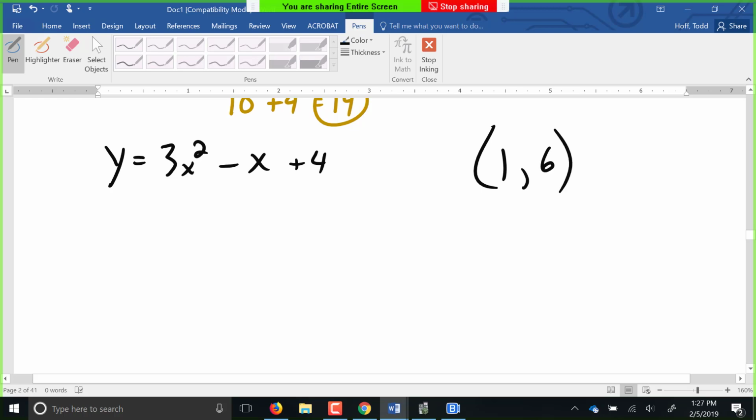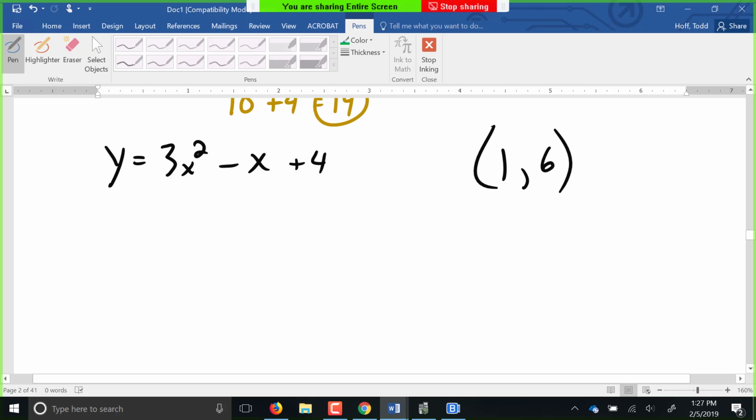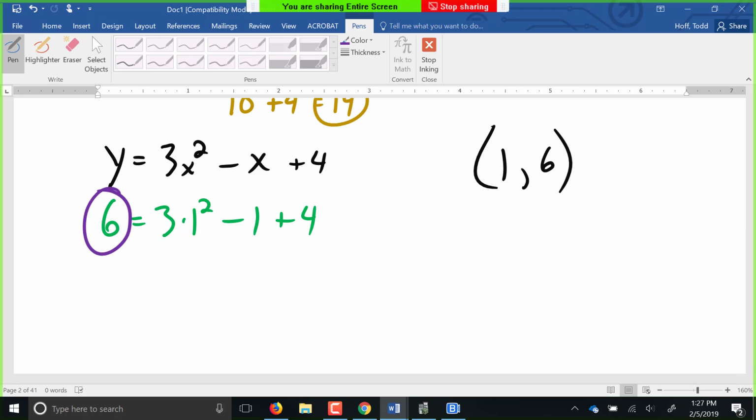In your notes, test and tell me, is (1, 6) a solution to that equation? So the left side is just the 6.